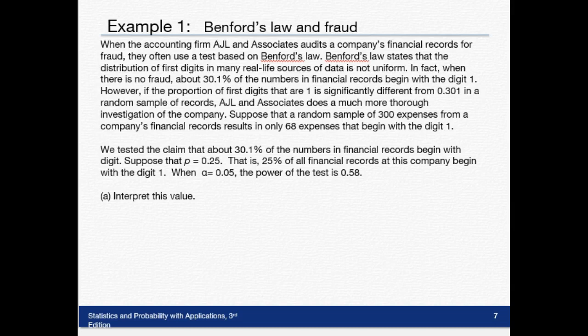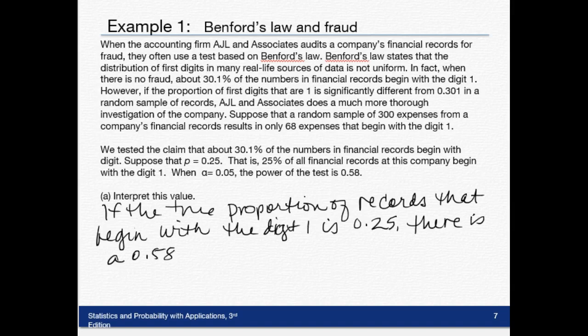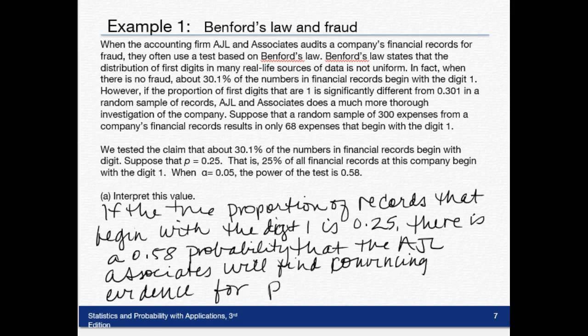So if we interpret it, we would say if the true proportion of records that begin with the digit 1 is 0.25, then there is a 0.58 probability that the AJL associates will find convincing evidence for, what does my alternative say?